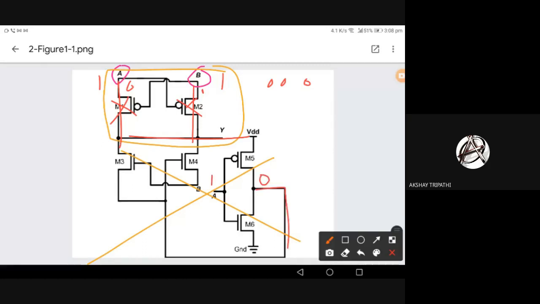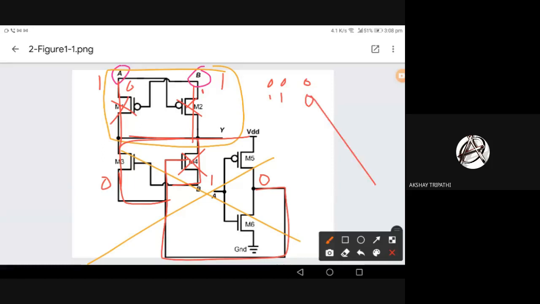So 0 is coming and making M4 off, and B is 1. M4 is off, right? And this is getting 0. What about M3? M3 is also on, so the output is 0.